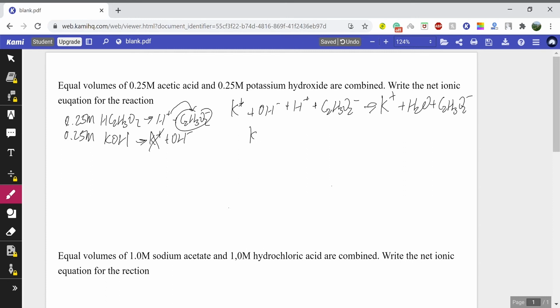Now for the net ionic equation, we cross out anything that's not used. We cross K plus out, which gives us OH minus plus H plus plus C2H3O2 minus forms H2O liquid plus C2H3O2 minus.